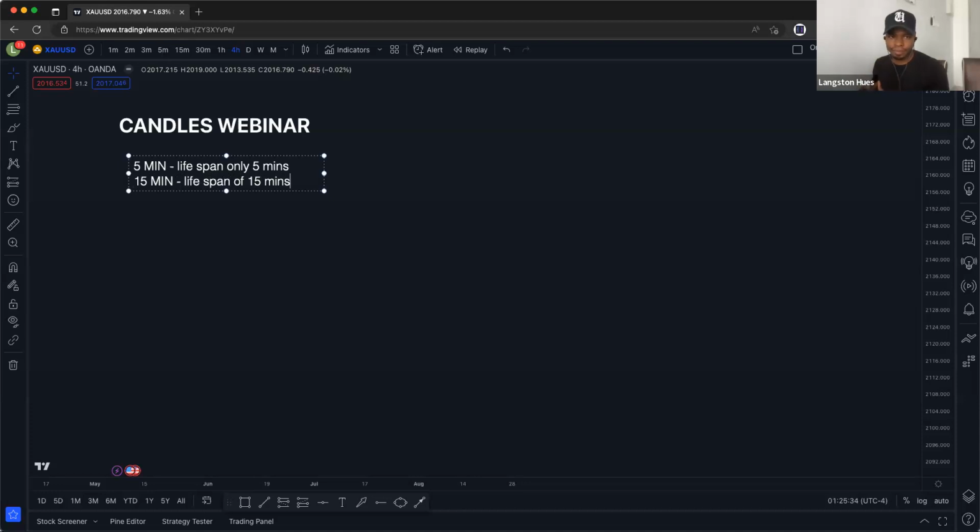That means that if we're looking at a 5 minute time frame, every candle is going to exist for 5 minutes, meaning that it's going to open up and then within 5 minutes, it's going to close. And then the next candle takes on life, right?